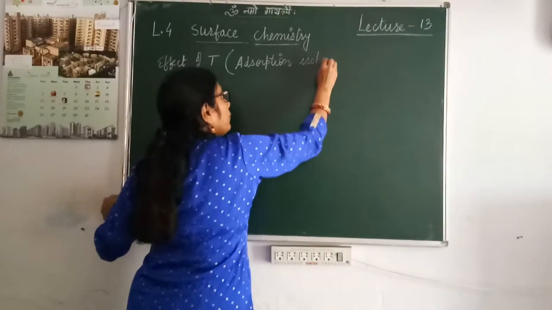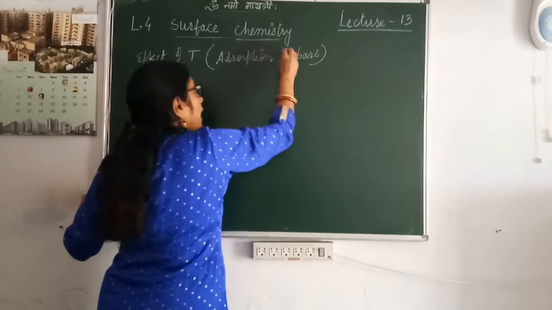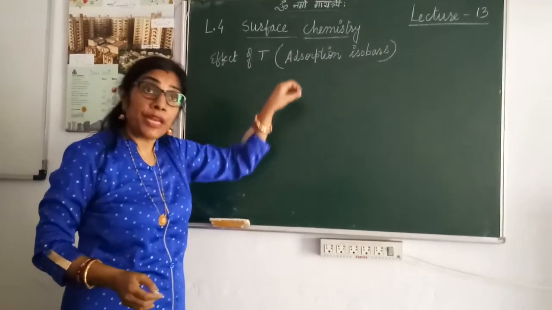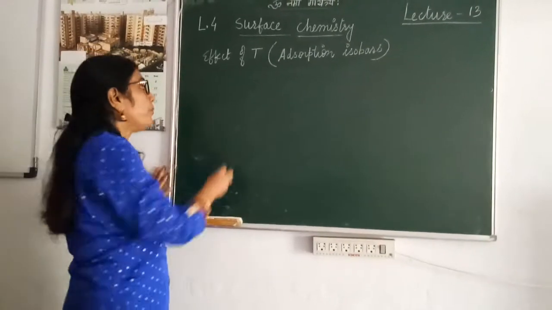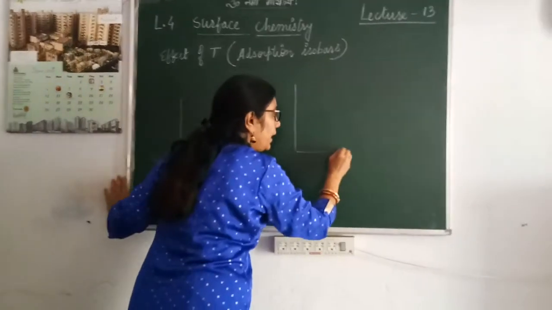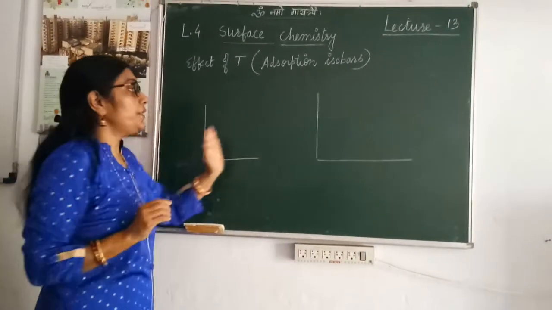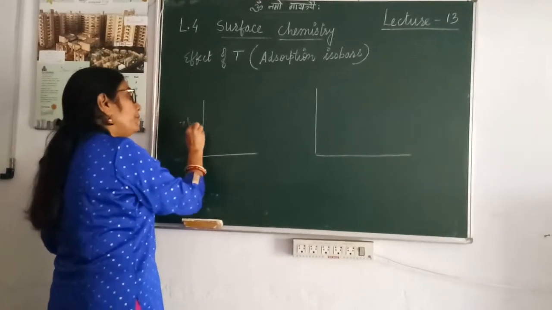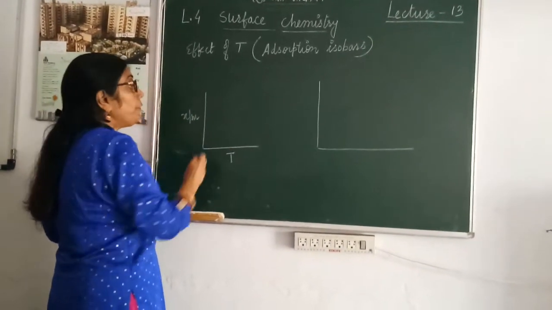As we have studied in thermodynamics, if graphs are plotted at a constant pressure, they are known as isobars. In this case, for physical and chemical adsorption, the plots are different. Here x by m versus temperature.